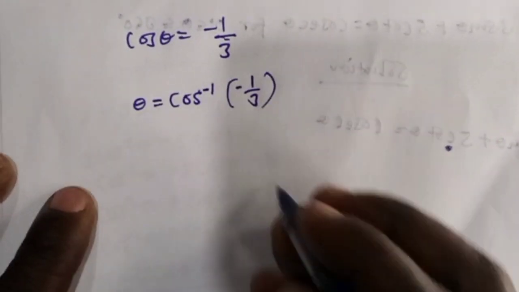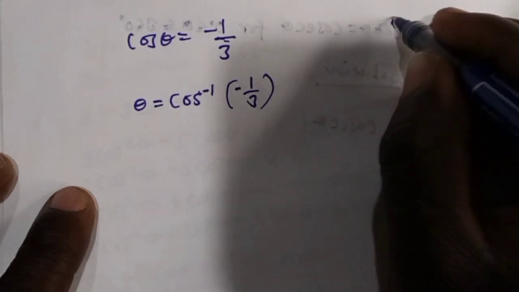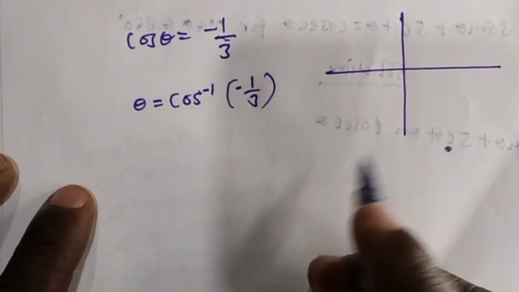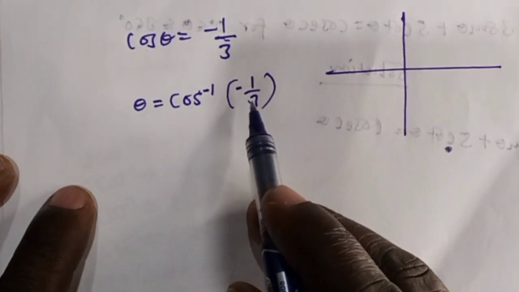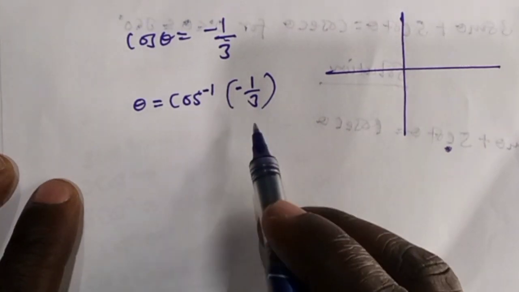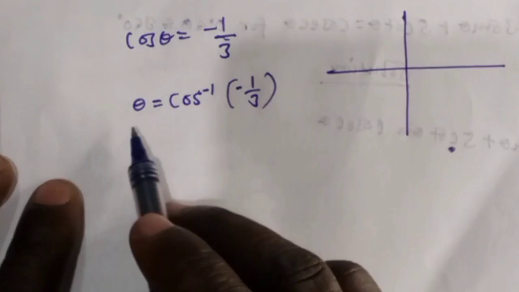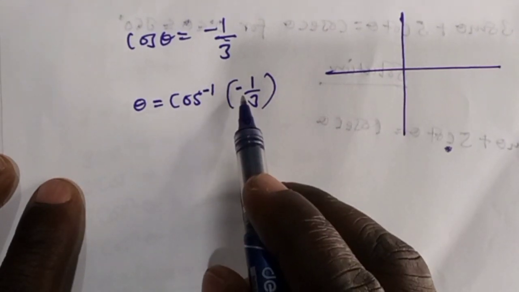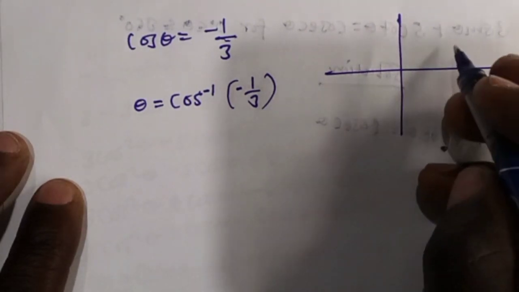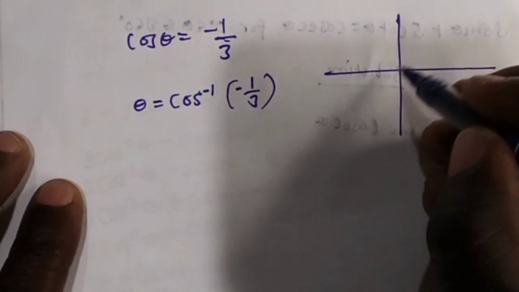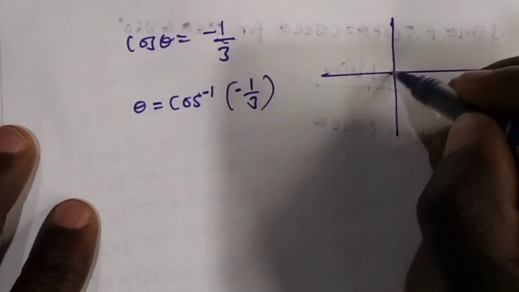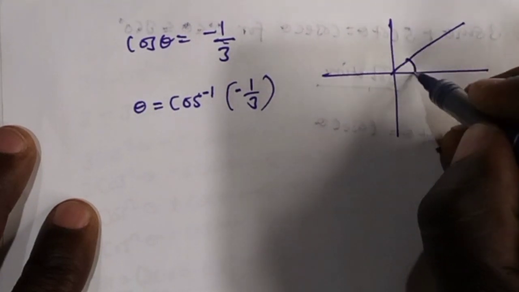Now let's draw the quadrants. To find the two possible answers, you have to ignore the negative, but keep in mind that there is a negative. If you punch cos inverse of 1 over 3 on the calculator, we have 70.5. So 70.5 is in this quadrant here.